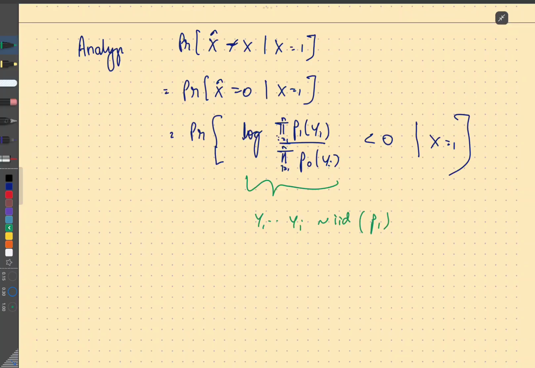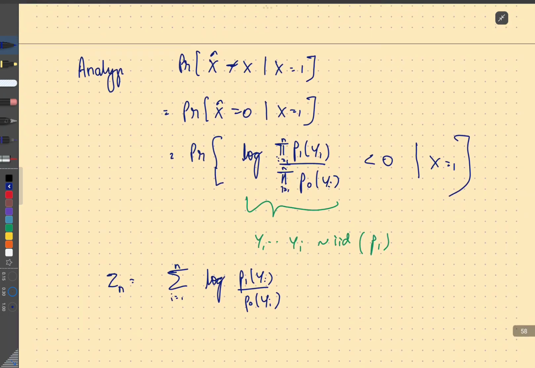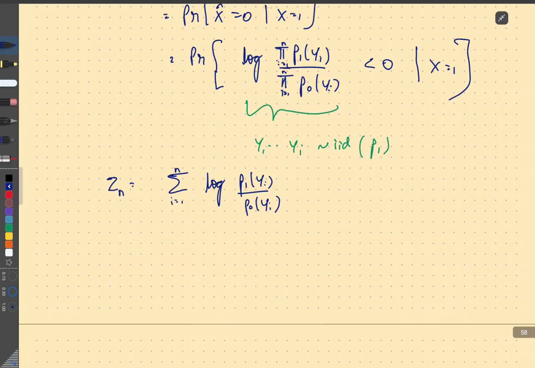Alright, so let me call this log likelihood ratio z. So let's say Zn is the summation i equal to 1 to n of log P1 of yi divided by P0 of yi. This is a sum of bounded random variables, as we observed before. What is the expected value of Zn?